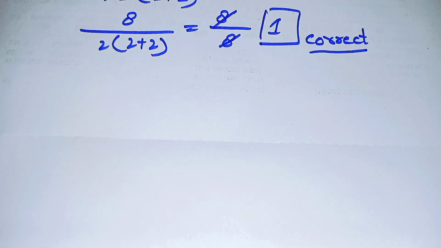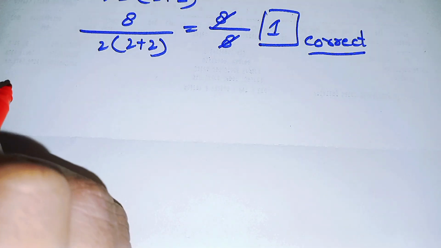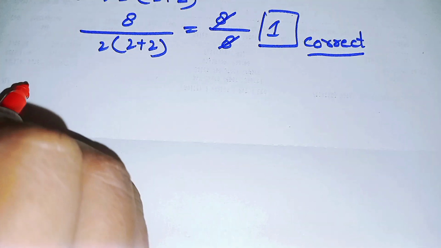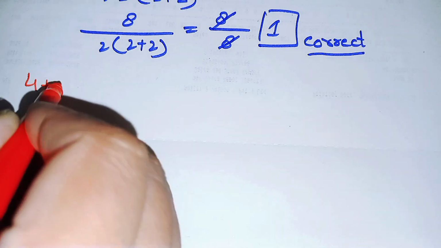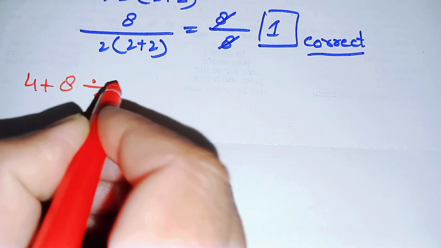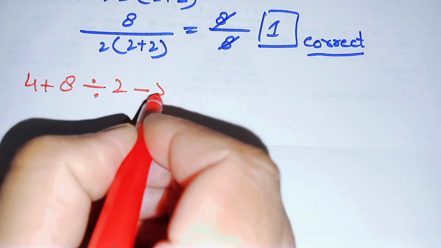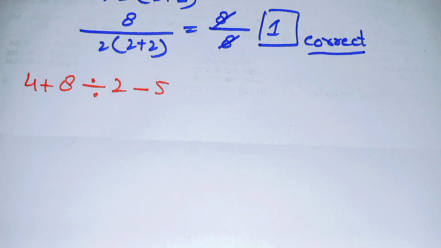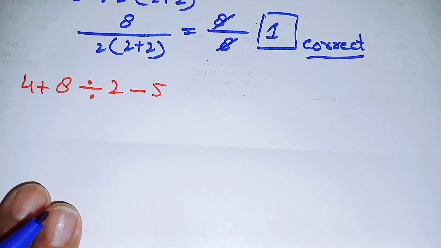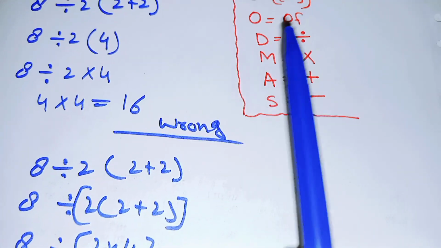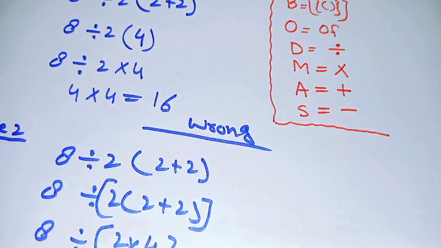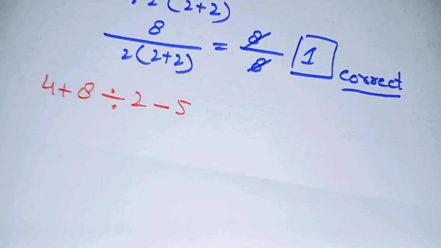Now here is another question, which we solve using the BODMAS rule. It is 4 plus 8 divided by 2 minus 5. We apply the BODMAS rule, and first we use brackets, but there is no bracket seen.